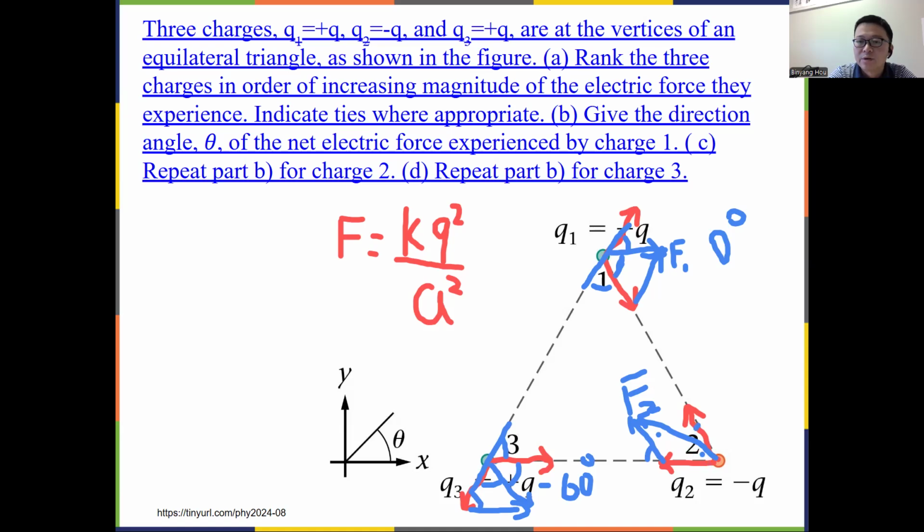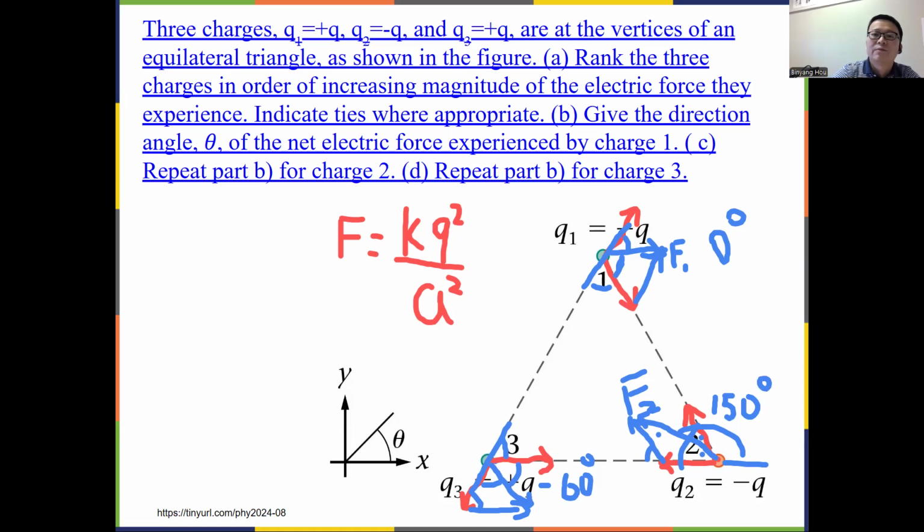But this total angle is 60, so this one is also, actually 30, because this is 30. So this angle for F2 goes from here to this horizontal line. It's 120, because this one is 60, 120 plus that 30 over there, so it's 150 degrees of angle there.